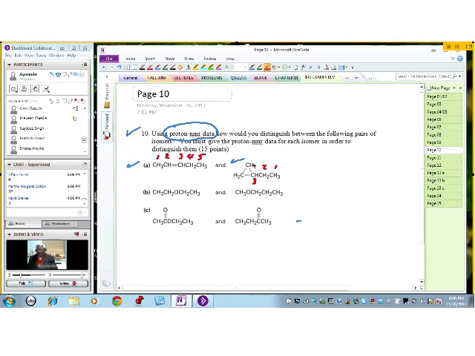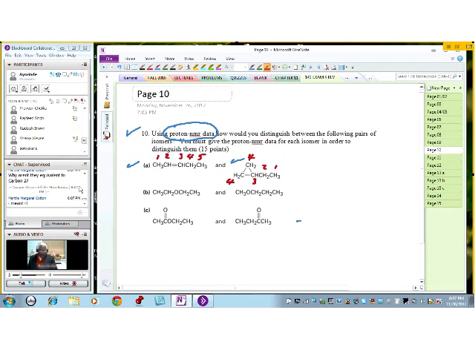Now at this point, this set of hydrogen here and this set of hydrogen here will be equivalent. These are both equivalent, so therefore we are going to have 4 sets of hydrogen. So you could see in these 2 molecules here, we could use the proton NMR spectrum to distinguish between them. That is what they wanted to do.